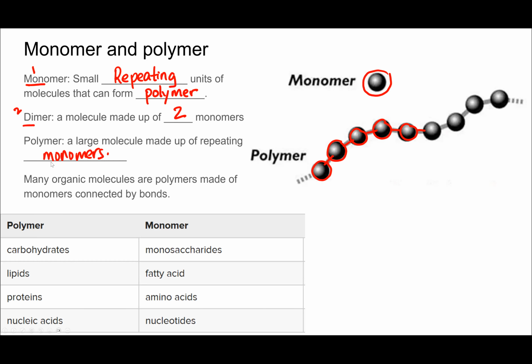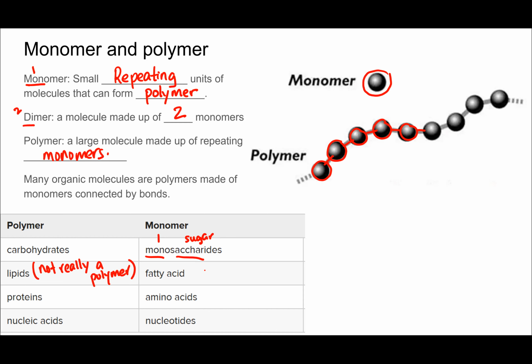Here's a table that shows the different types of biomolecules and their respective monomers. For carbohydrates, the monomer is called monosaccharide. Mono means one, and saccharide is basically sugar. Lipids are technically not a polymer, because the monomers that you use are not really repeated per se.